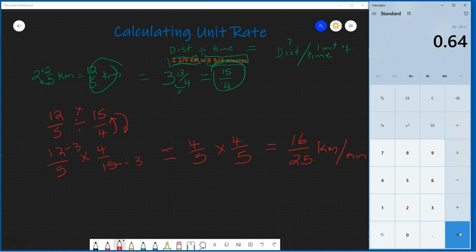So our final answer in this case will be 0.64 kilometers per minute. The train travels 0.64 kilometer in 1 minute.